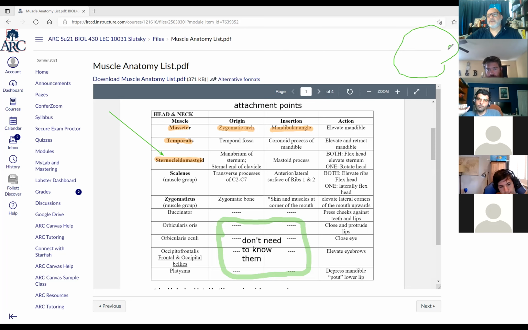There's the eye, there's the nose hole, there's the ear hole, there's the big bump in the back, clearly a skull. And lo and behold, there will be an arrow pointing at that bump behind the ear. And when I point at that bump behind the ear, I'm going to ask you what muscle inserts into that bone feature. And you're going to need to know it's the sternocleidomastoid.